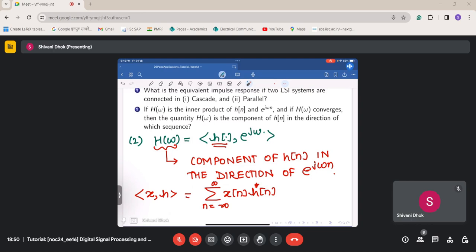So I don't know how to compare these two things, and I think we shouldn't. Yes, these two are totally different things. You can take this as the definition of inner product between two sequences.